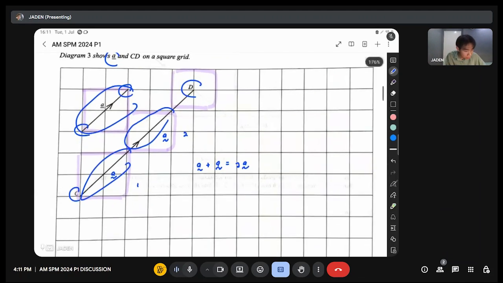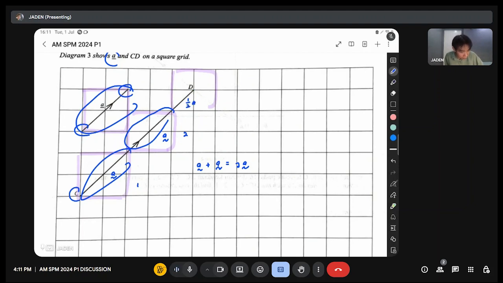But do you notice when it comes over here, this third square grid only goes halfway. Only half. So if you want to represent the numerical value for half, it's 1 over 2, right? So that means this is 1 over 2 a.